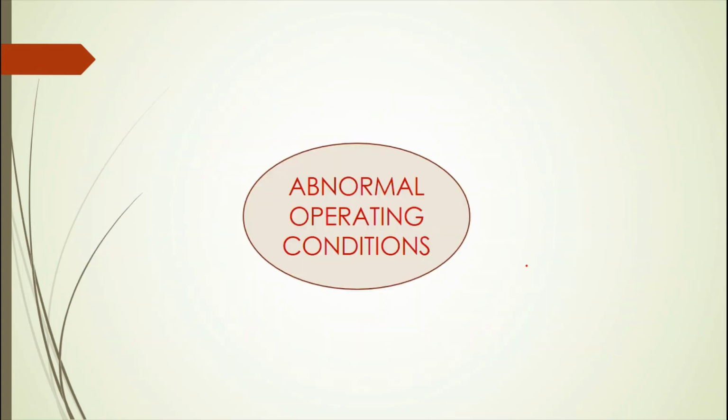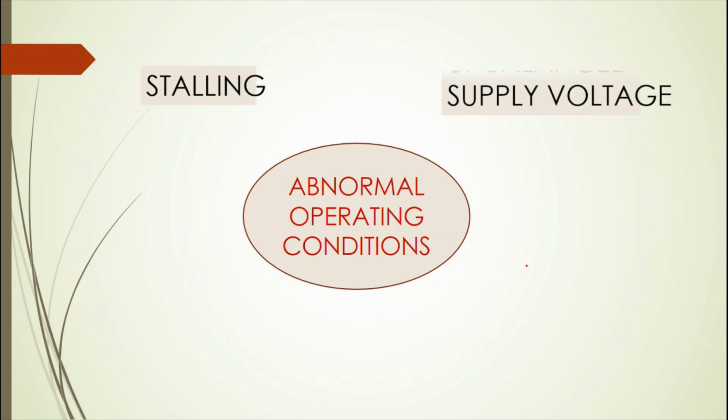Talking about some of the abnormal operating conditions discussed, starting with stalling. Stalling is a condition where the motor does not start because of the excessive overload connected to it, and in this condition the motor draws heavy current, and thus the motor should be disconnected from the supply immediately. Unbalanced supply voltage.